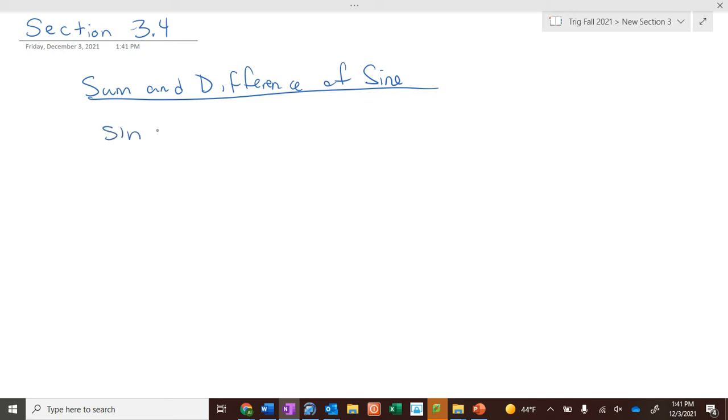This looks very similar to cosine. The sine of A plus B equals the sine of A cosine of B plus cosine of A sine of B. Sine, cosine, cosine, sine.